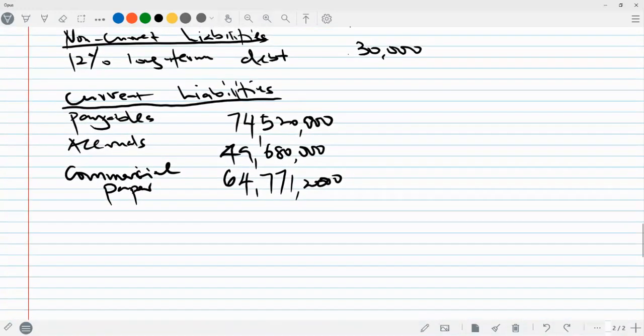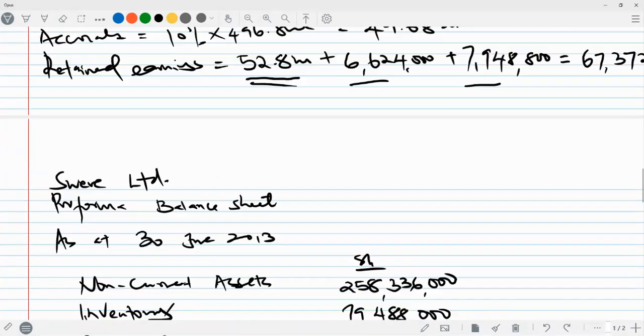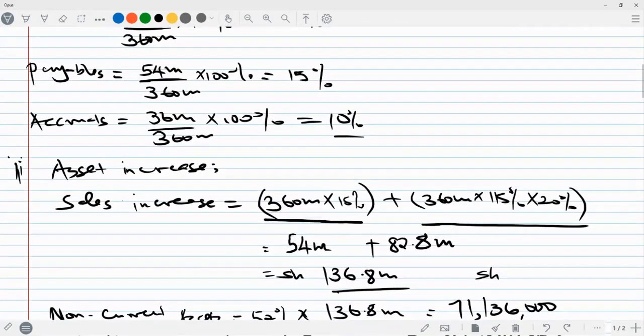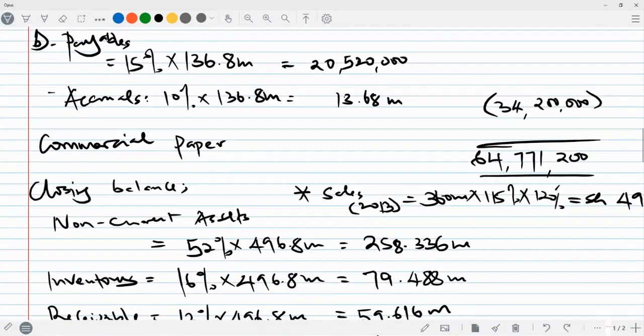Current liabilities. Excuse me, sir, what's that commercial paper? The external financing, which you got here.